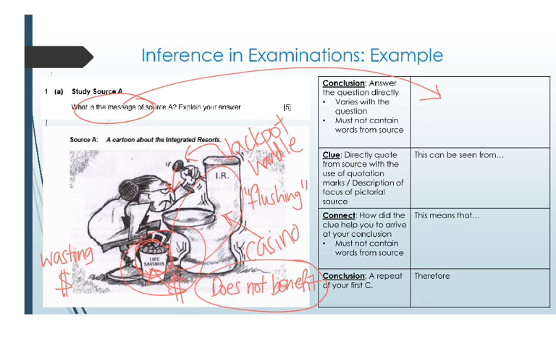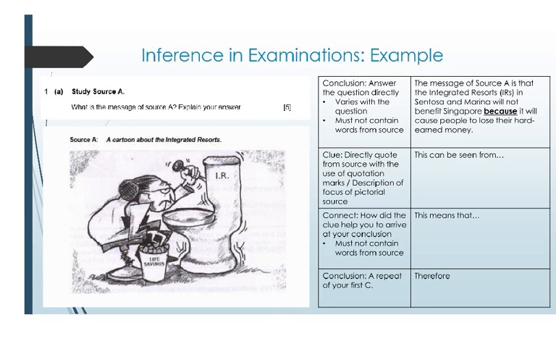So the opening line will be the message of source A. The message of source A is that the integrated resorts in Sentosa and Marina will not benefit Singapore. This is a familiar friend, because this actually resembles our issue statement.